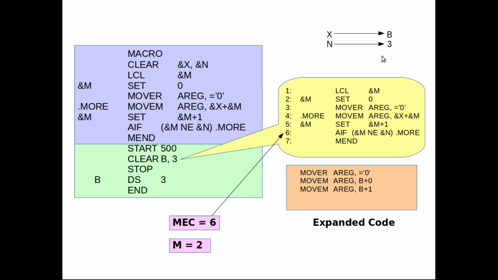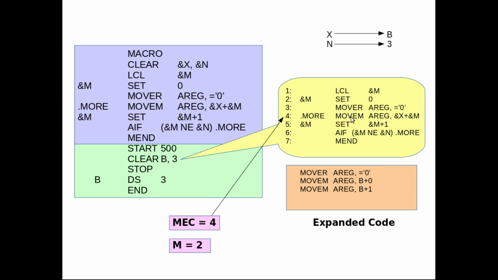M is 2, n is 3, so they are still not equal, and hence this will evaluate to true. And since this evaluates to true, we will go back to sequencing symbol more. So we go back to sequencing symbol one more time, hence MEC will change to 4, and we will process statement number 4 one more time.